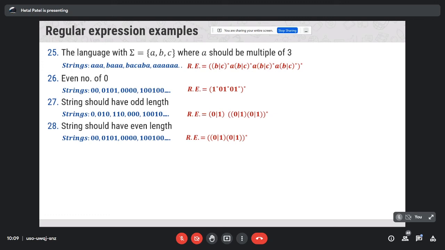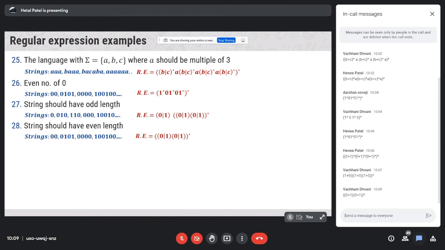So all of you other people, please try to design the regular expression your own way, please. It will clear your logic. If you design right now, you will be able to design more and more REs for languages, right? This is not something you can do by memorizing, right?